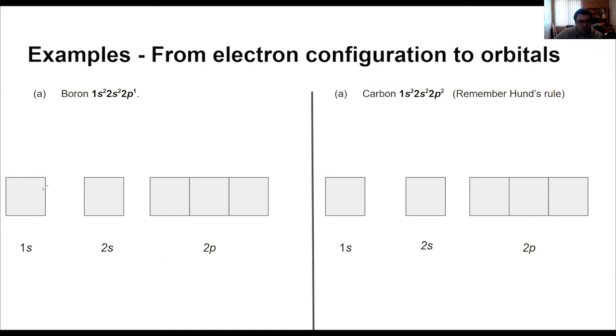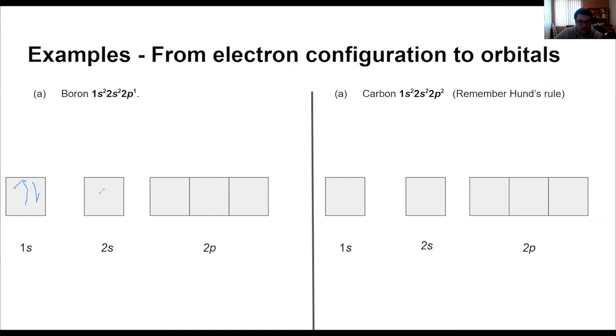Often the easiest way to do that is to draw a series of boxes. So we take a look at boron, again using the notation just here that we just worked out. We have 2 electrons in our 1s orbital. So what that's going to look like is we'll have 1 up arrow, 1 down arrow.